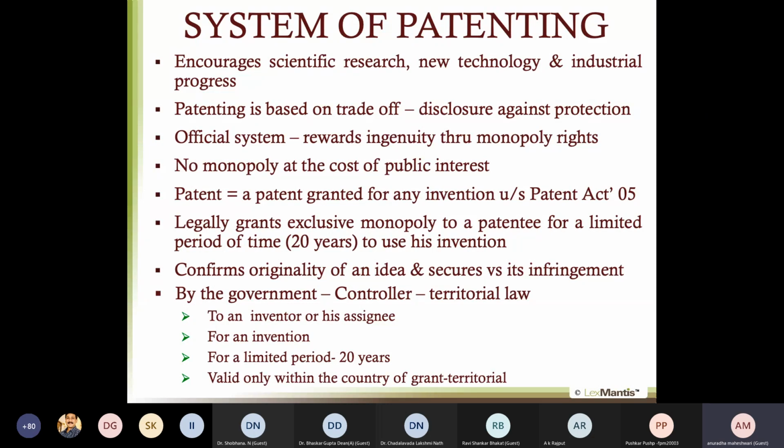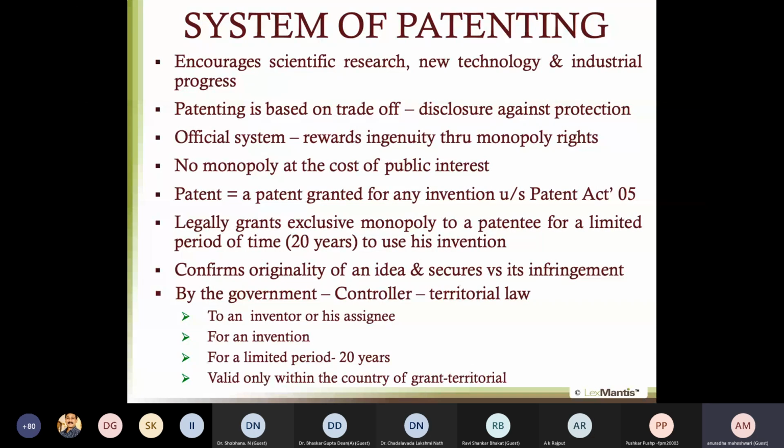Now in most countries in the world, a patent is granted for a limited period of 20 years. For 20 years, you can use the invention the way you wish, but after 20 years, automatically the invention comes into the public domain. Then people are free to copy that invention and innovate on that invention.